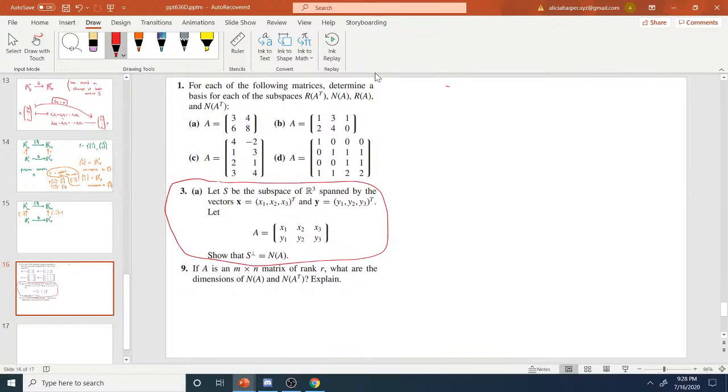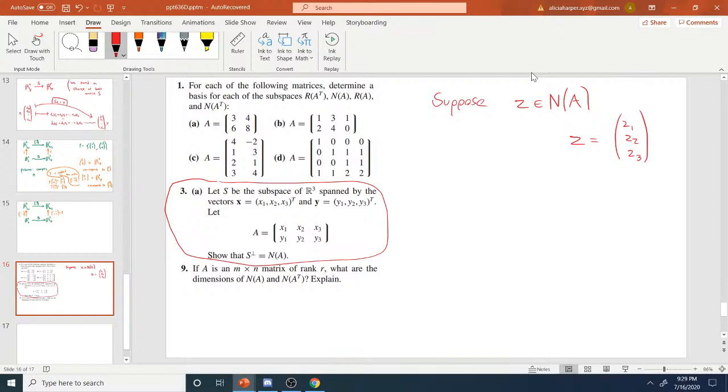Here is what you can observe. Suppose z is in the null space of A, where A is this matrix. In fact, let me choose a different letter, z, so z has components z1, z2, z3.